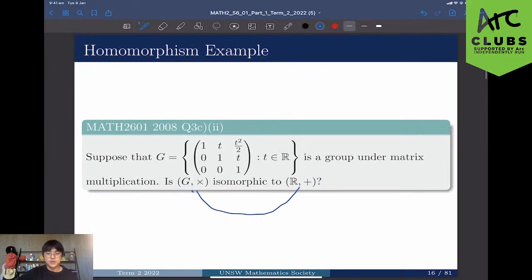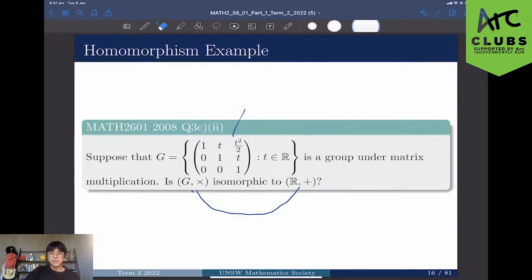But before we go on with it, we have to construct the mapping, because this question doesn't really give us the mapping. And you have to think, are we going to go from G to R or R to G? Because if they're isomorphic, it doesn't really matter, but it's definitely going to be easier for us to calculate if we pick a smarter mapping. So it makes more sense to go from R to G, because if we look at G, it's a matrix constructed from a real number.